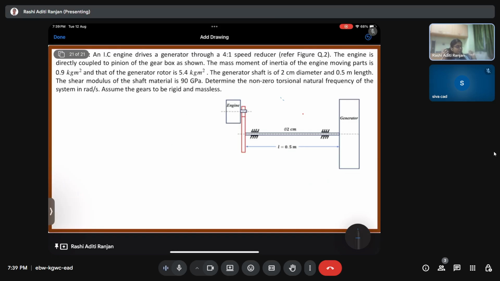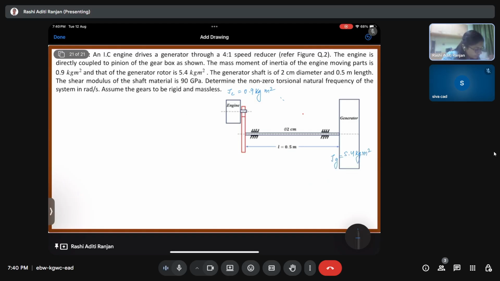The mass moment of inertia of the engine moving parts, J of engine, is 0.9 kg meter square, and that of the generator rotor is 5.4 kg meter square.